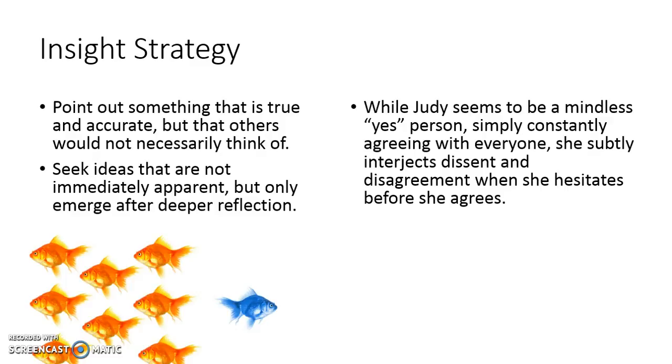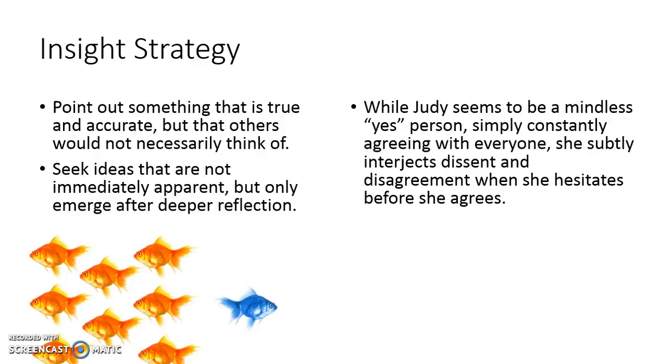And a fourth strategy, and this is sort of a catch-all because all insight does something like this: point out something that is true and accurate, but that others would not necessarily think of. Or seek ideas that are not immediately apparent but emerge only after deep reflection.